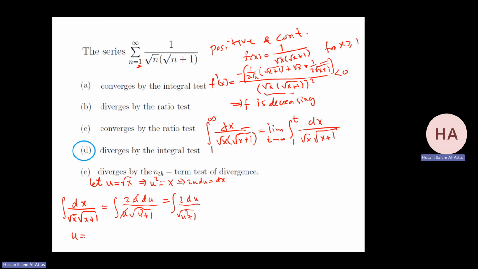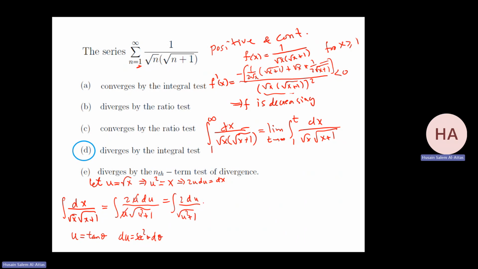So now I let u be what? Tan theta. Let me see what will happen. If u equals tan theta, du will be secant squared theta d theta.